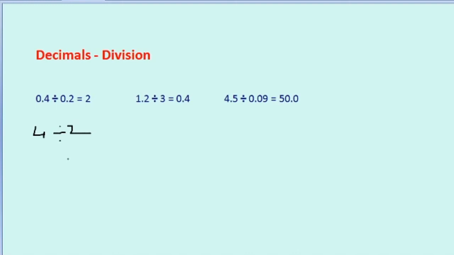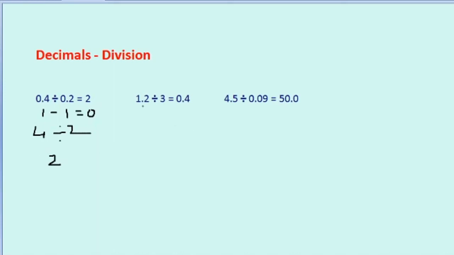If you divide 4 by 2, you get 2. Now count how many decimals you have skipped. Here 1 decimal in 0.4, and here 1. So 1 minus 1 is 0. So no need to write a decimal here. The answer will be 2.